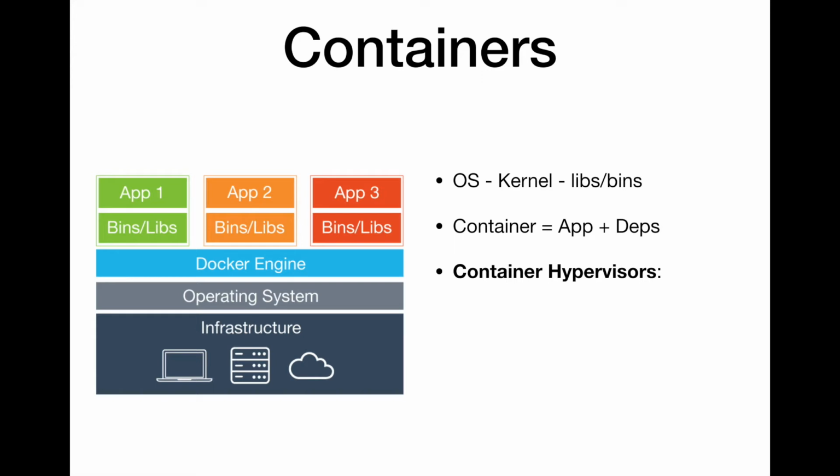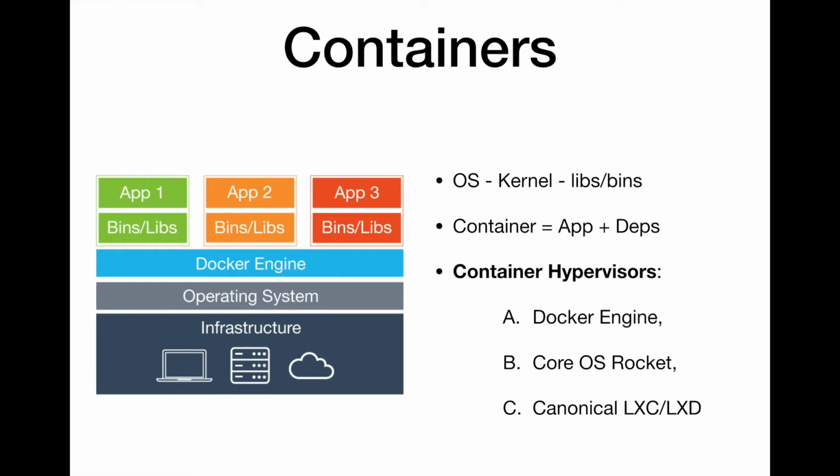Here are some of the container hypervisors: Docker Engine, CoreOS Rocket, and Canonical LXC, LXD. If you look at the stack of the container on the left hand side, we have the physical infrastructure or the hardware, and on top of it we have the host operating system running.